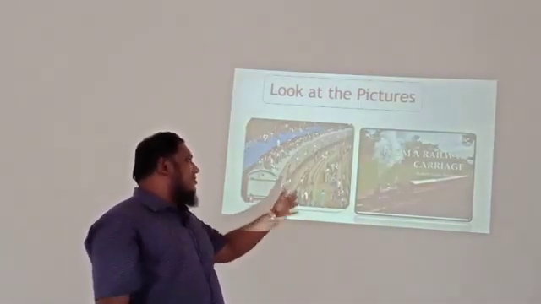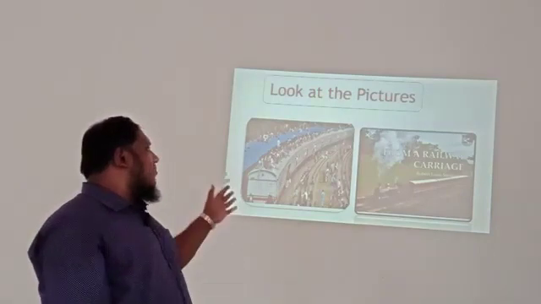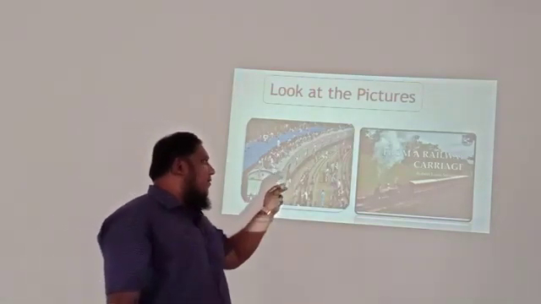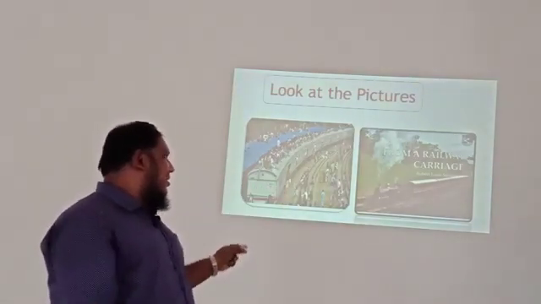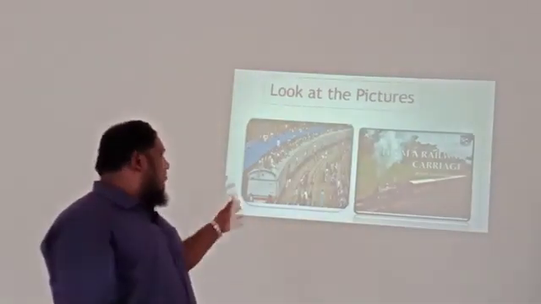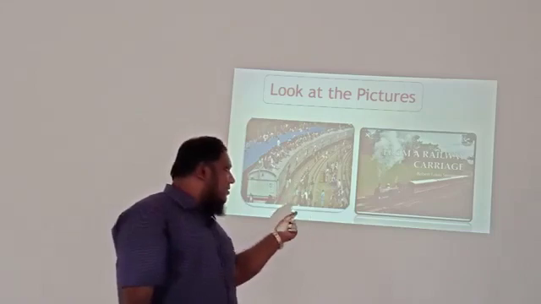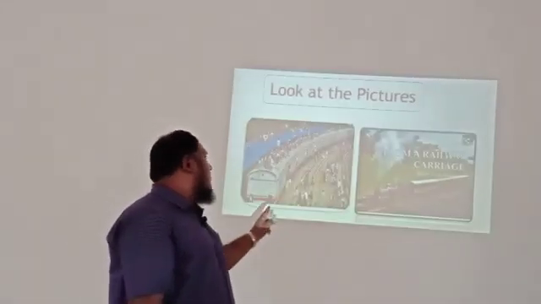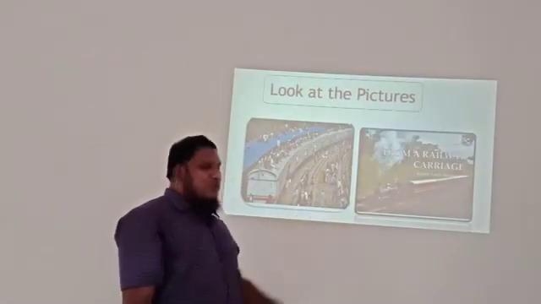Look at the pictures. These are the pictures of a train journey or railway station. It is a common sight in our country. But in the two pictures, we see some difference between picture number 1 and picture number 2.